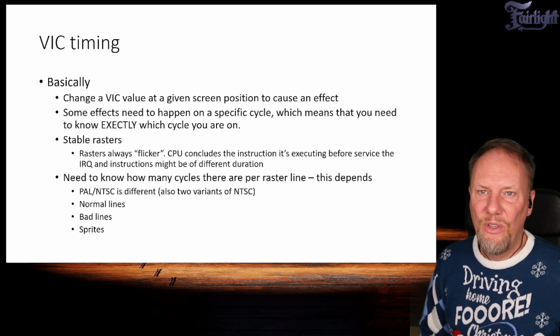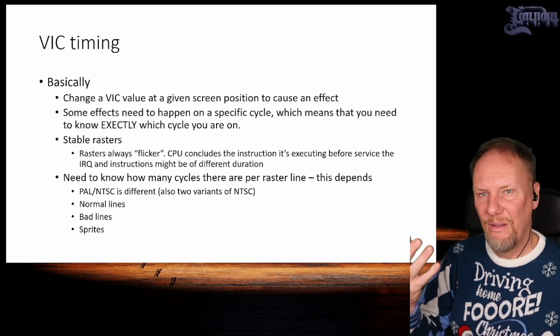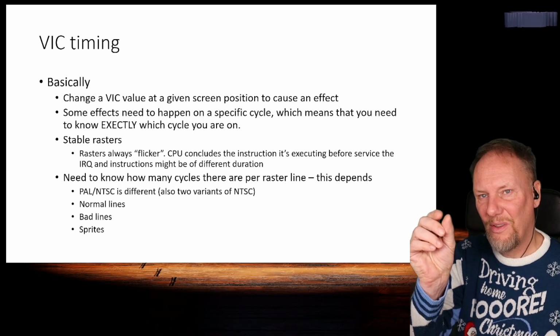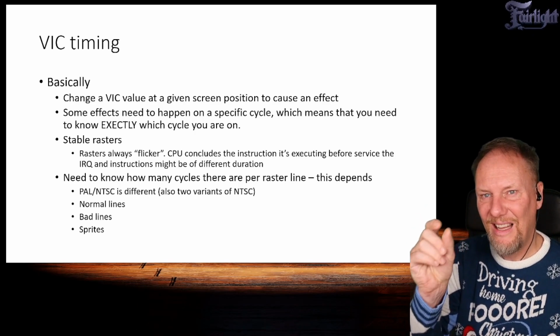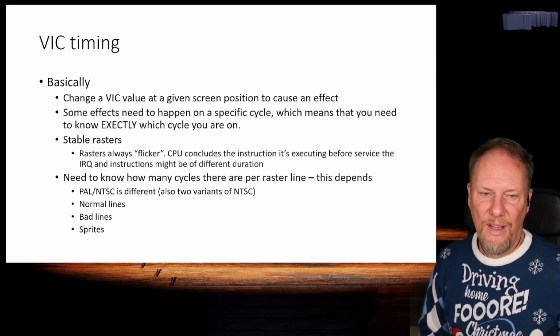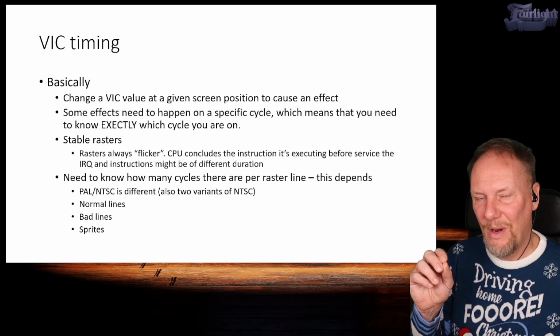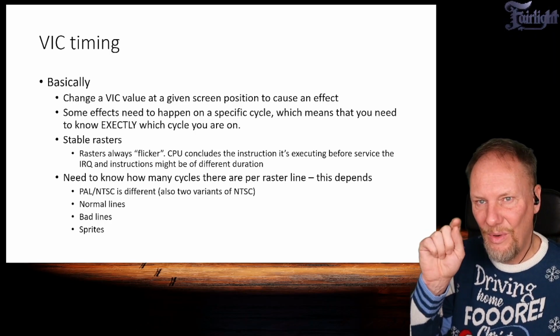So you need to know exactly which character you're basically drawing. Roughly a character on the screen represents one cycle of the raster bar. So it's really key to be able to have a stable raster. You need to know exactly which cycle you're on.